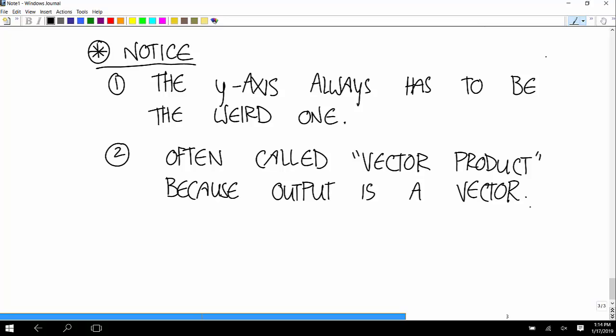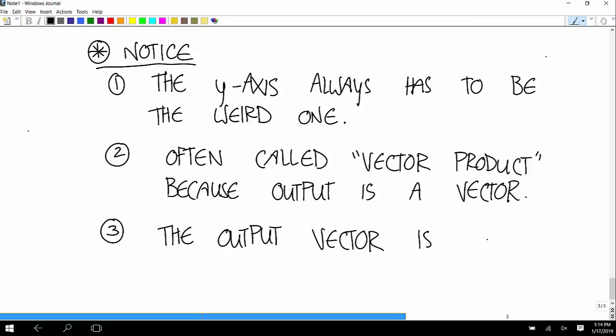Third, the output vector is perpendicular to each of the 2 input vectors.